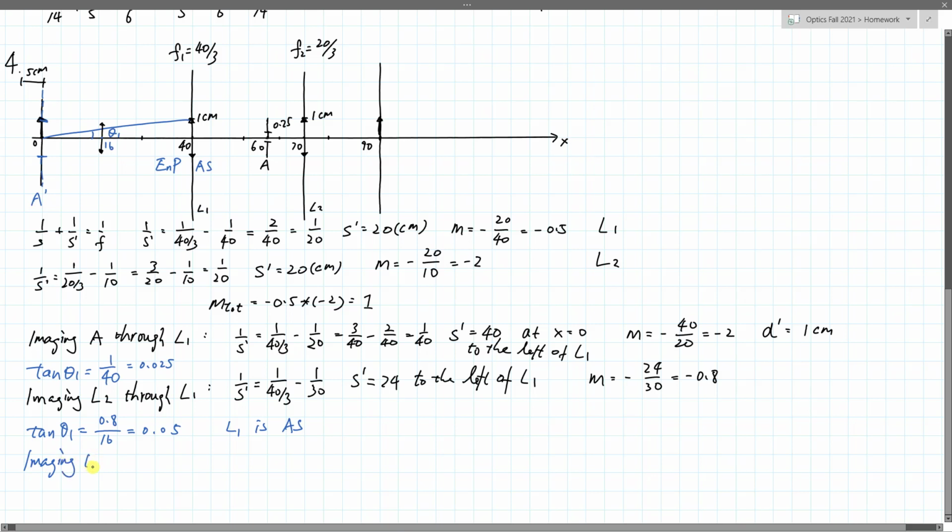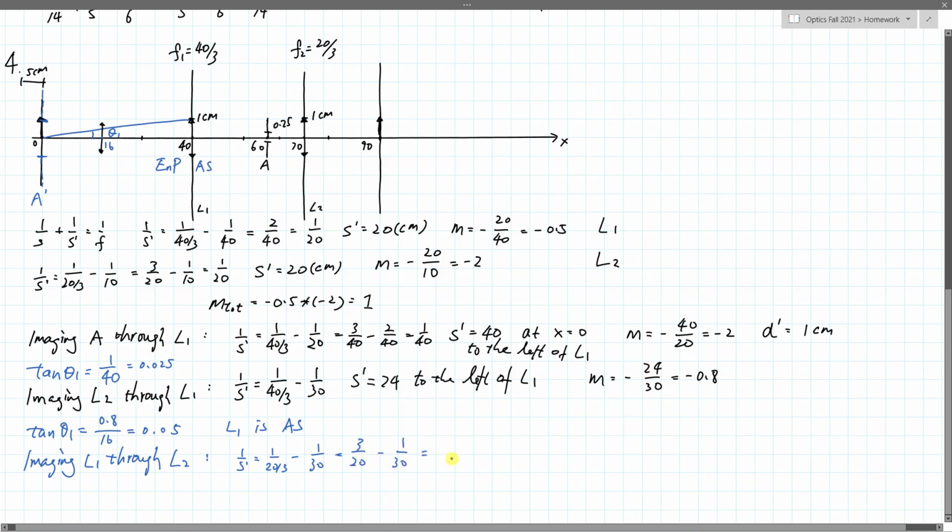So imaging L1 through L2. See, it's repeated use of simple geometrical optics, so that 1 over S prime is equal to 1 over L2's focal length, 20 over 3, minus the distance. L2 and L1 are 30 centimeters apart, so 1 over 30. So that gives me 3 over 20 minus 1 over 30.